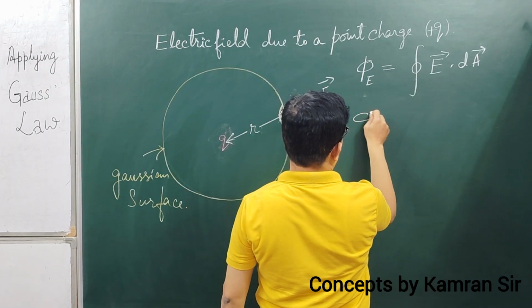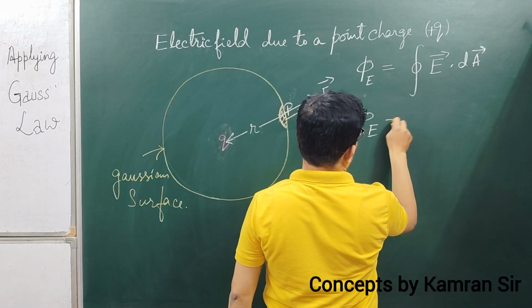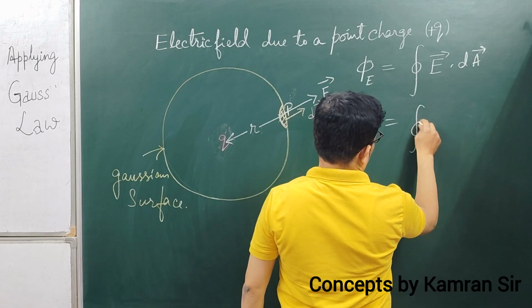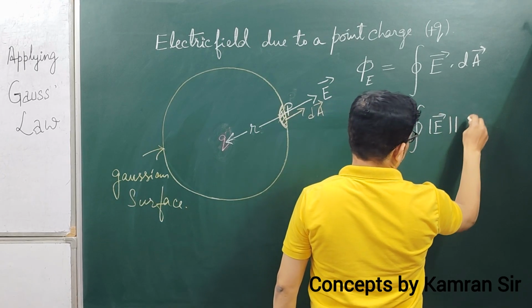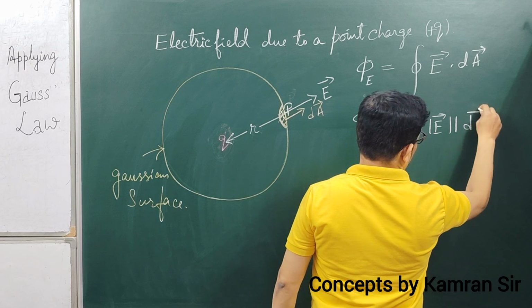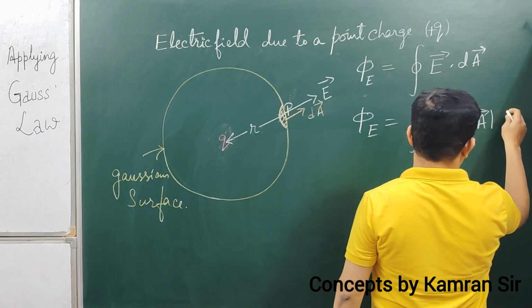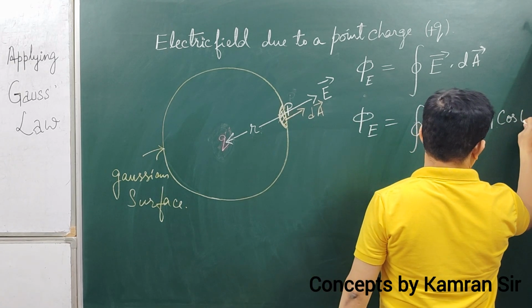This means that the net flux is equal to the magnitude of E, the magnitude of dA, and the angle between them is theta, so it's going to be cos theta.